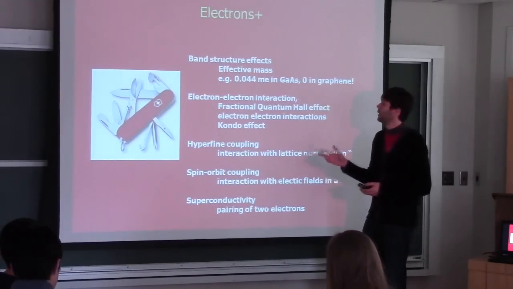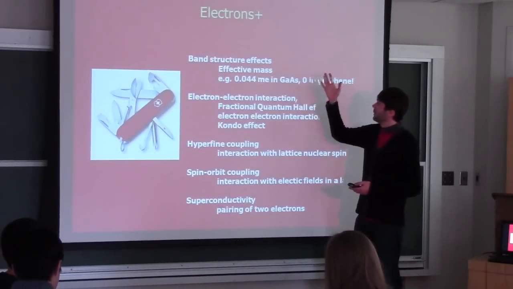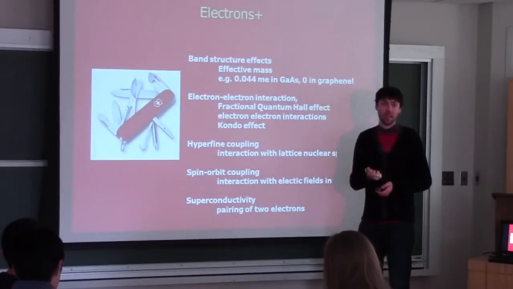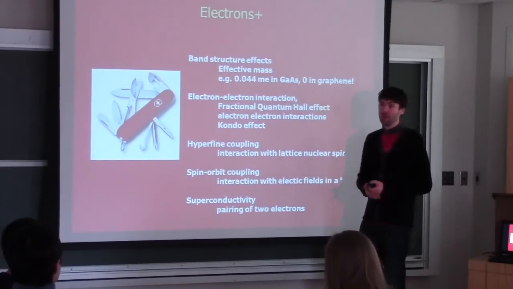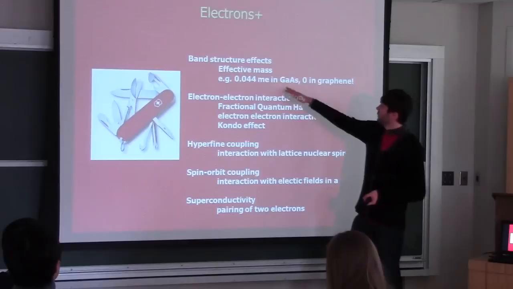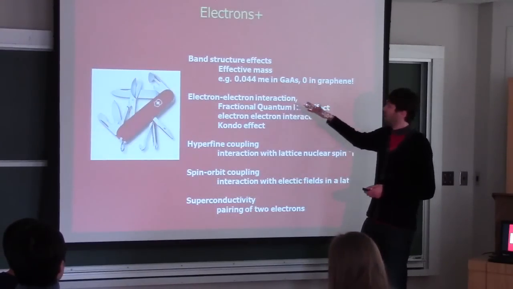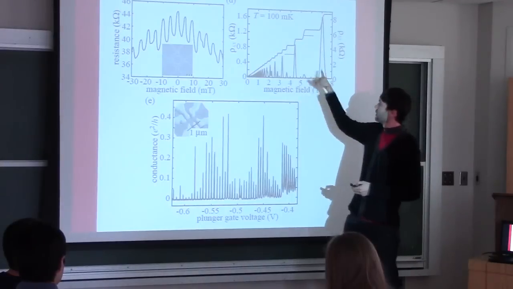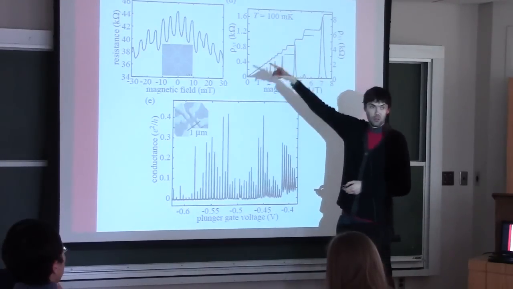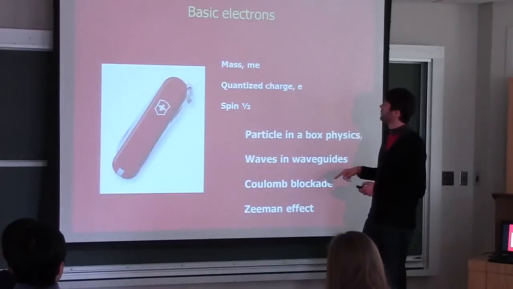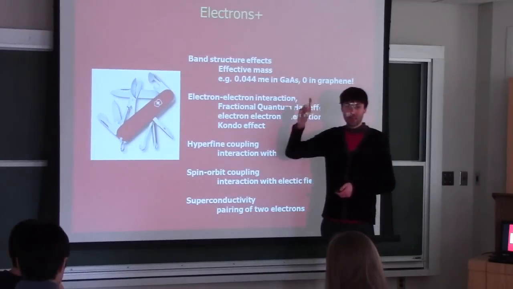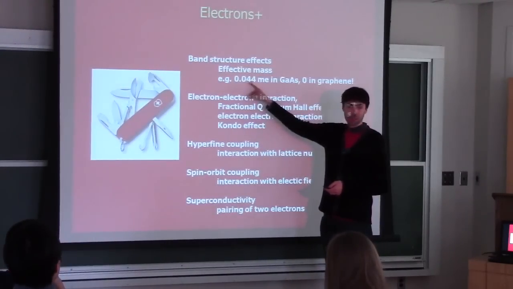And primarily, the mass of an electron can be very different. For example, in important semiconductors like gallium arsenide, which is probably the semiconductor that gave rise to all of these three curves, the mass of an electron is much smaller than the mass of a free electron.